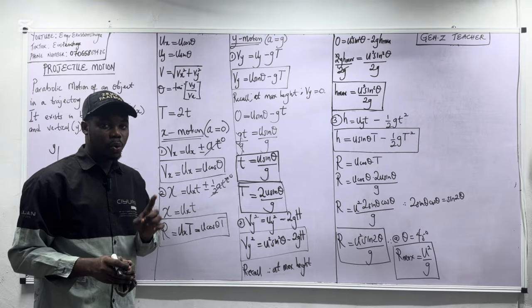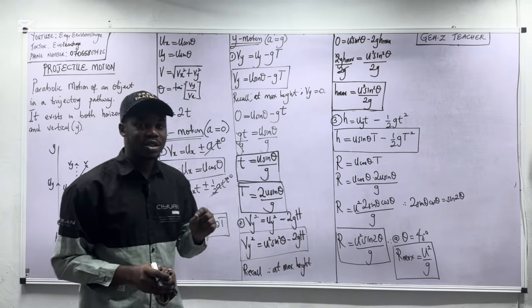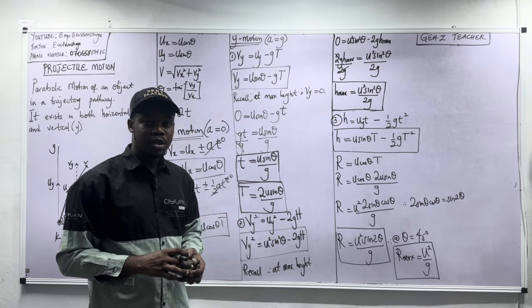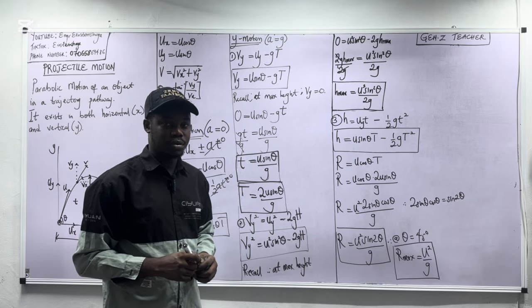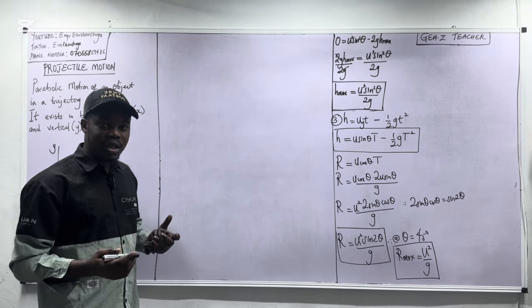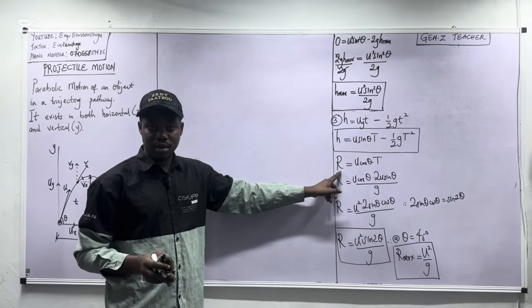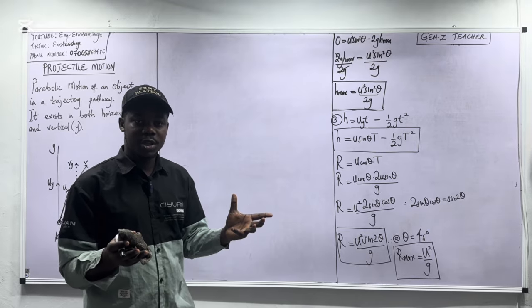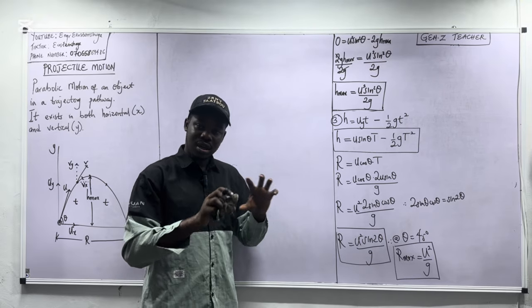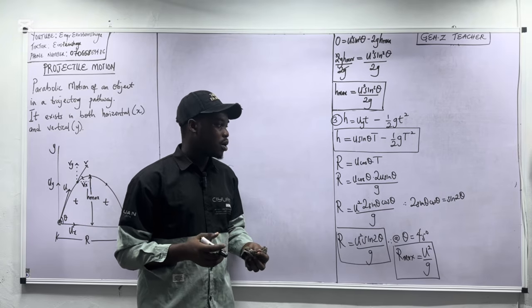Now there's one more equation we have, which we call the trajectory equation. The trajectory equation relates the height and the range together, meaning we're going to have an equation that expresses both height and range in just one expression. How do we do that?